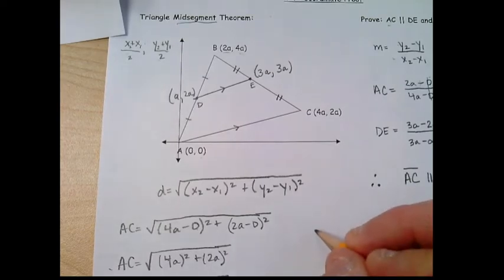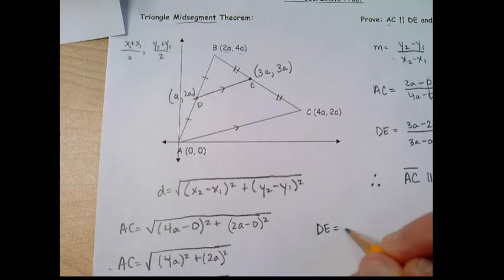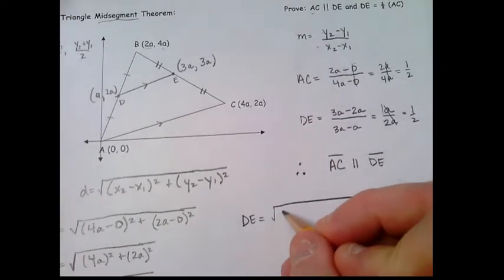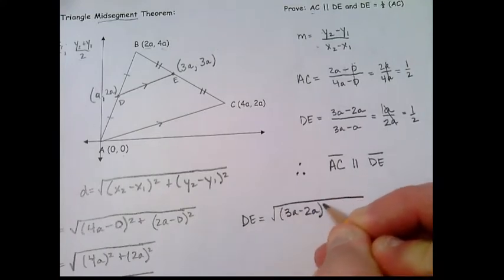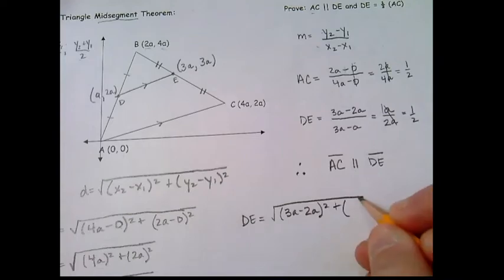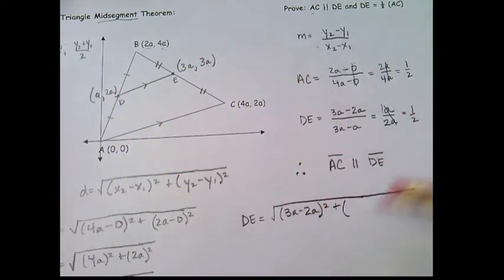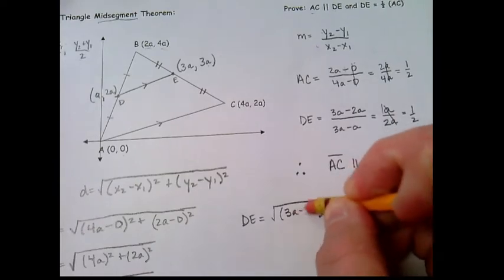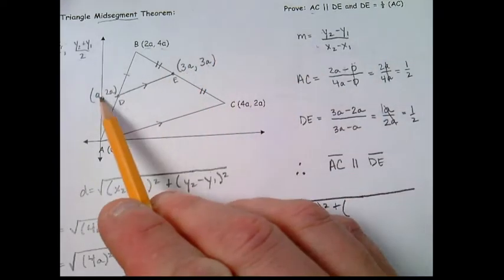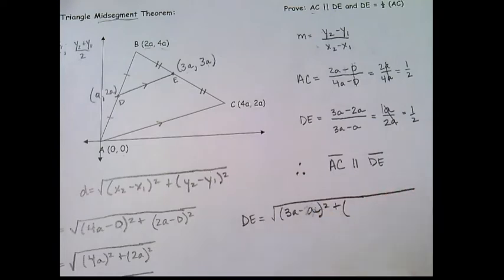If I was to do the length of DE, DE will be equal to this. If we do the x values, 3a minus 2a, and then we have 3a minus, oh, hold on, that was the y value, sorry. It should have been just 3a minus a. There we go. And then the y value is 3a minus 2a.